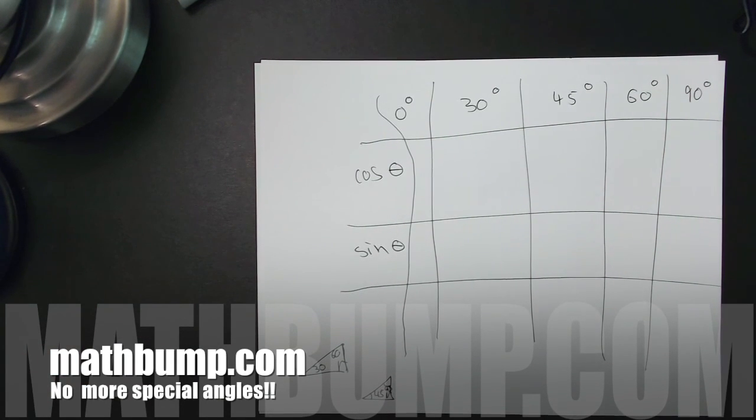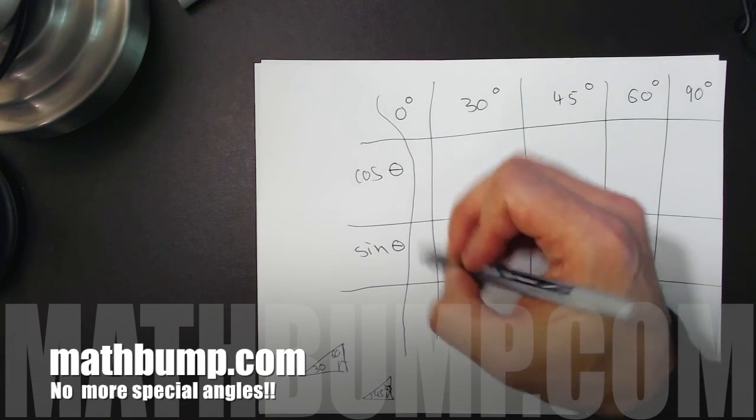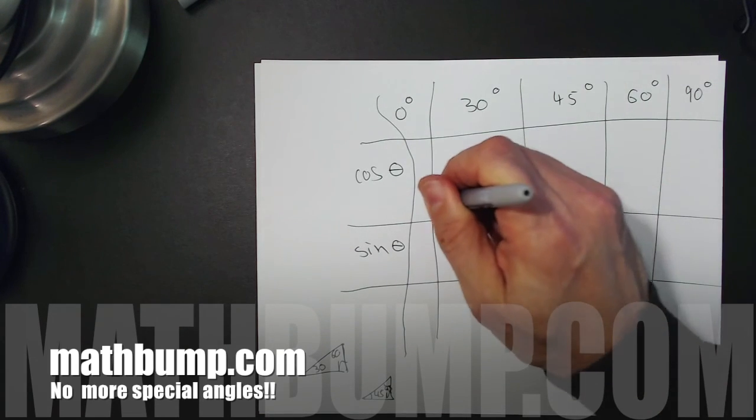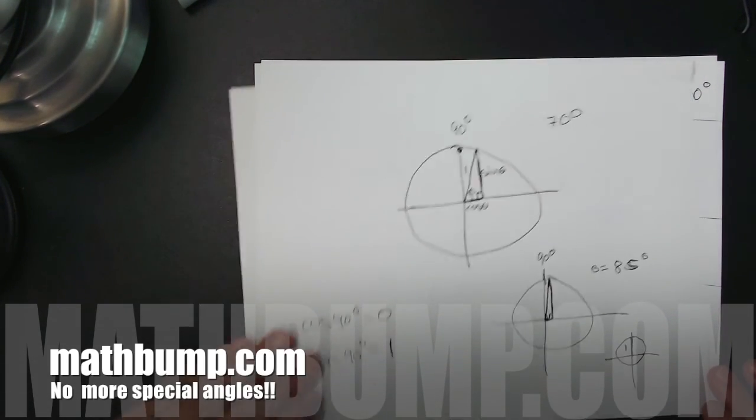So the only thing you need to understand about this table, first of all, you got to remember what the special angles are. Great. Then the other thing you got to do is simply understand how to remember what cosine of 0 or sine of 0 or one of these 4 major values here is. And again, I really suggest you don't memorize this stuff, but you just think about it the way I just explained it.